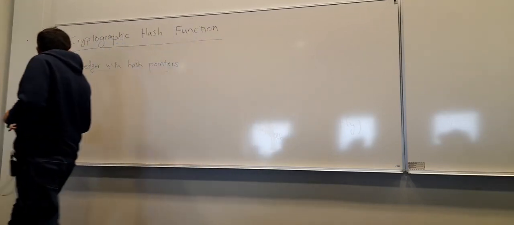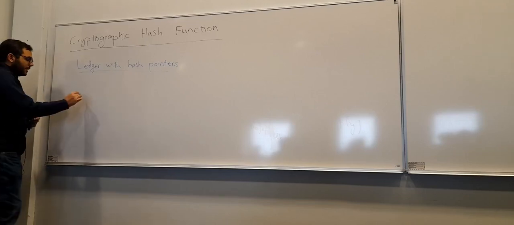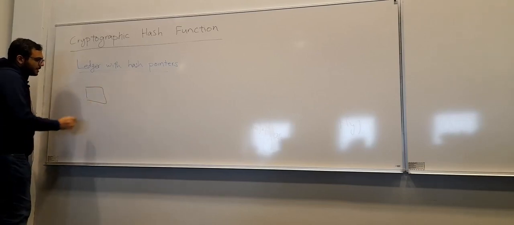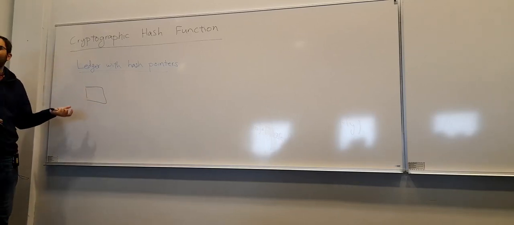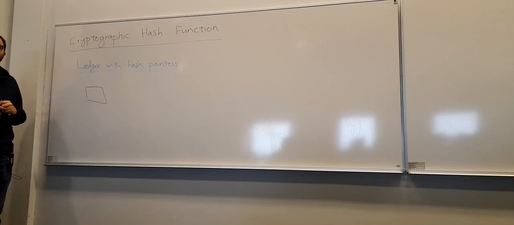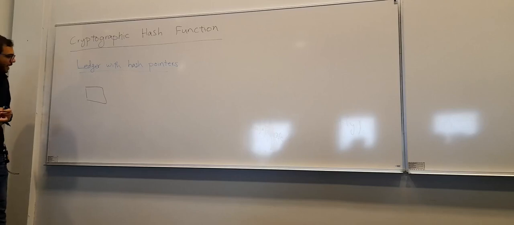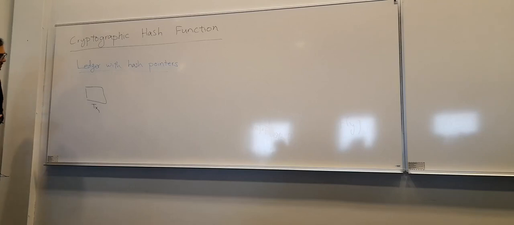So the idea is that we basically create a linked list of all the transactions. My linked list starts with a particular transaction that is the first transaction in my account. Maybe this transaction is just the creation of the account. I call this one TX1, transaction 1.